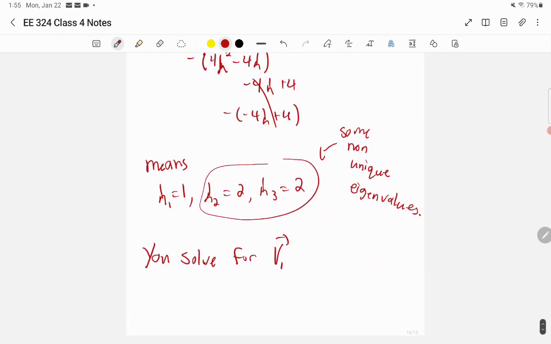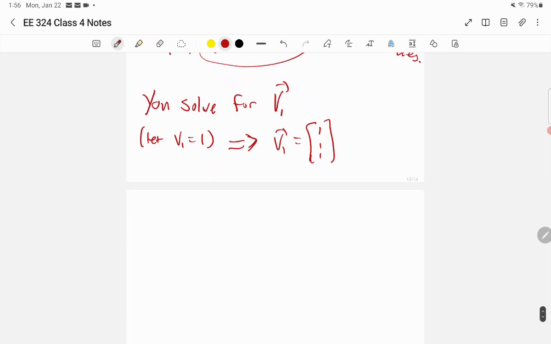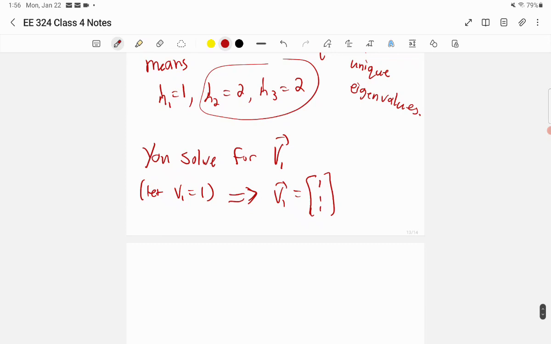And what you should find is that if you let v1 equal to 1, then you get two equations that say v1 equal to v2 and v1 equal to v3, which implies that the vector v1 is equal to 1, 1, 1. If you were to choose v1 equal to something else, you might get something else, which is fine, but if you want to verify that you're correct, do it this way. Okay?